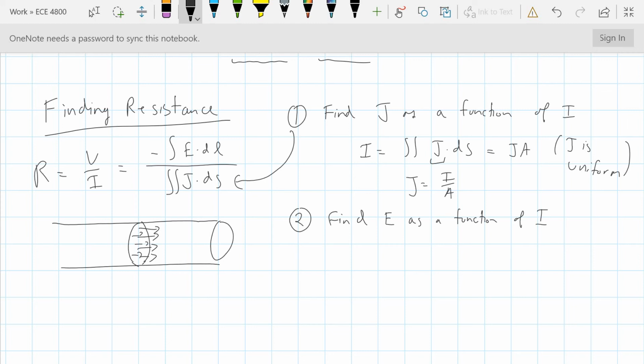Second step here, find E as a function of I. We have J as a function of I, and there's a very straightforward relationship between E and J: J is equal to sigma E. So E is equal to J over sigma, and that's equal to I over sigma A. So we found E as a function of I now.